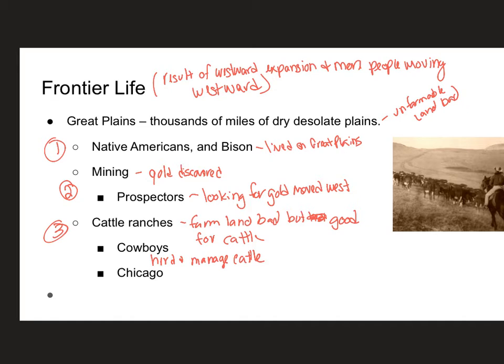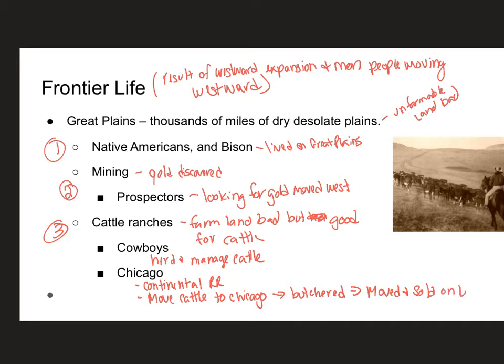Because of the Continental Railroad, they were able to move the cattle to Chicago, where it was going to be butchered, and then moved and sold other places on the East Coast.